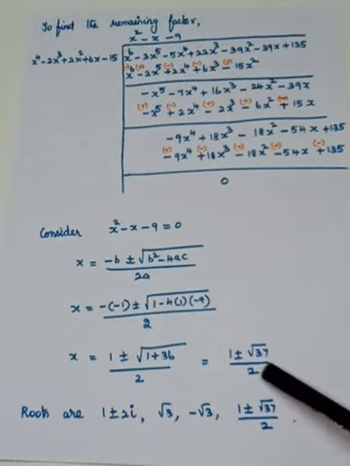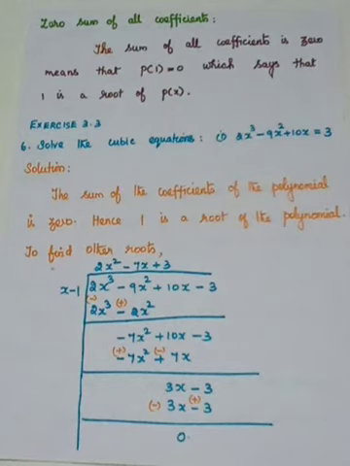So next one. First, here the sum of all the coefficients is 0. See what it is: the sum of all the coefficients. If you add all the coefficients in the polynomial equation and it is 0, then what are you going to do? So for example, I am going to take the polynomial p of x.